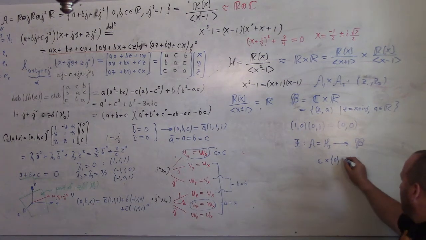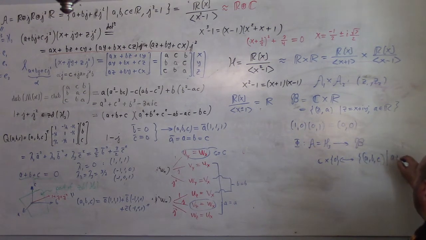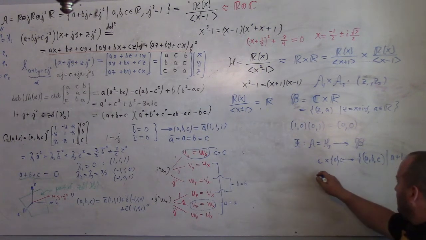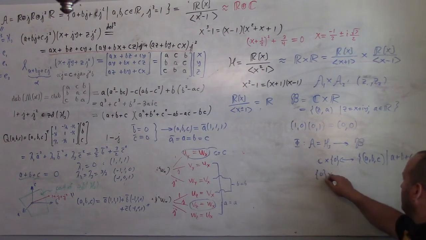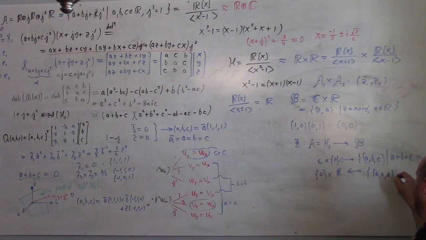That should be somehow corresponding to the A, B, C such that A plus B plus C equals 0, right? And the zero cross the reals should correspond to the set AAA such that A is a real on the right.